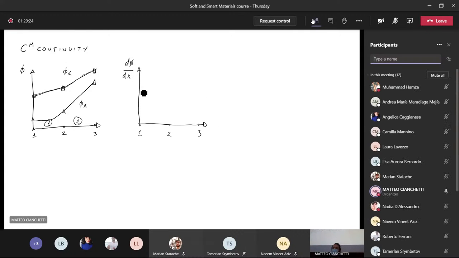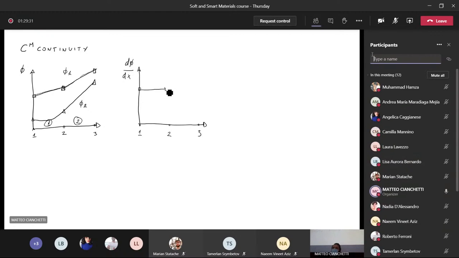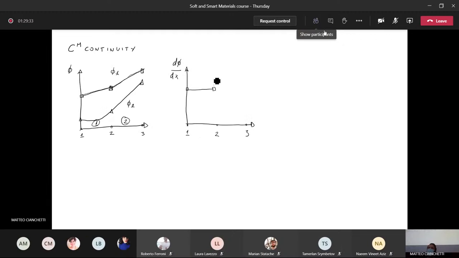For the first, since they are linear shape functions, we have something like this: linear functions give constants once you take the first derivative.